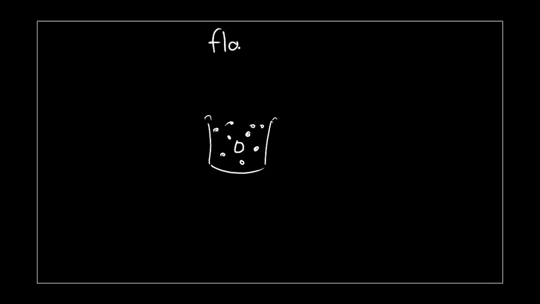Now, another term we have to know about is flaccid. Now, what does flaccid mean? So, we have that same cell, but the only catch is that the plant cell is placed in a really strong solution. So, you can think that these are the solute particles. So this is a pretty strong solution.